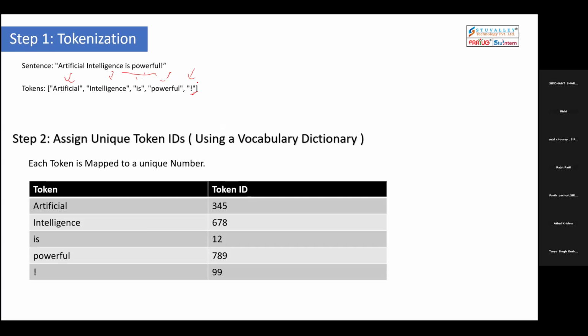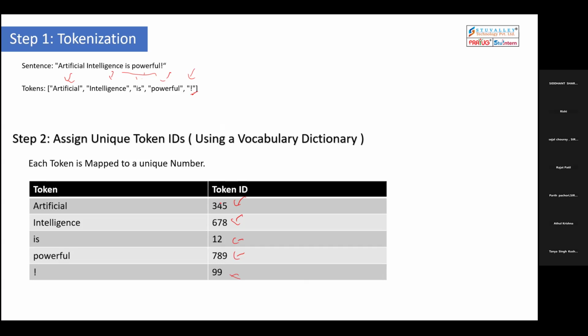We tokenized each and everything, and tokenization is nothing but assigning one numerical value to each and every word. This is not the exact value for artificial, but just for the example I wrote 345 here. So each token is mapped to a unique number. That's it.